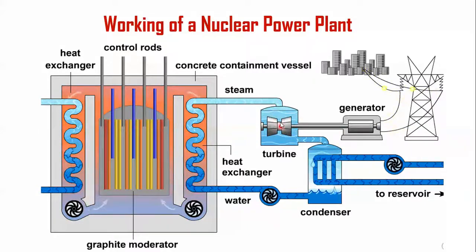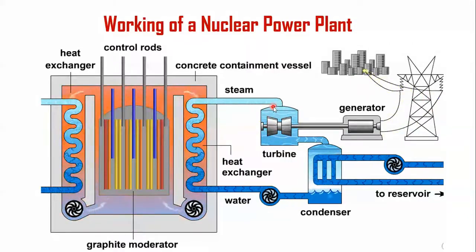The steam turbine will rotate. This steam turbine is connected mechanically to the shaft of the generator. So that's why the generator will rotate. This rotation of the generator will convert the mechanical energy into electrical energy, and that electrical energy is transmitted through the transmission lines.